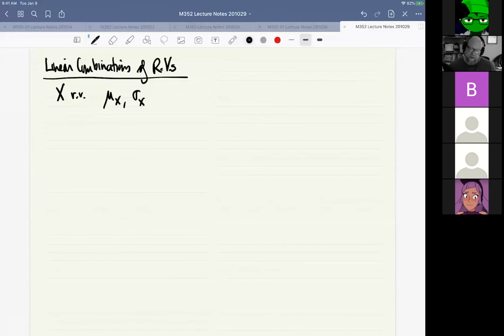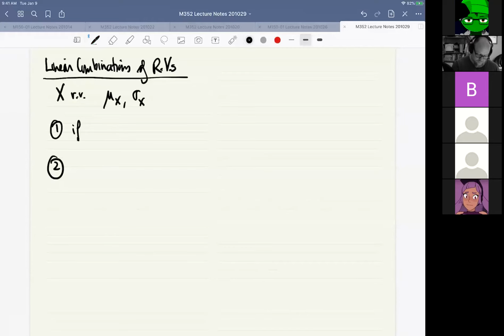What happens if we combine random variables, and how does that change their mean and their standard deviation? There's two types of combinations I want you to know about, and one I want to talk about.